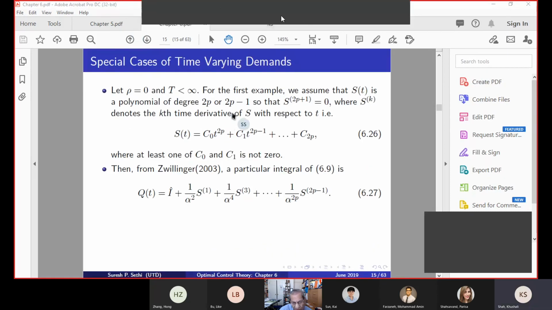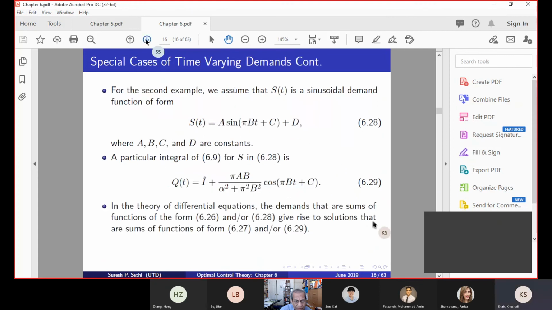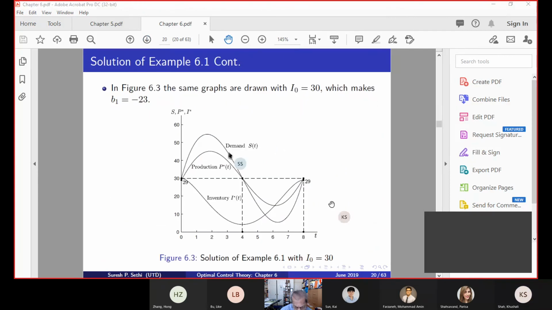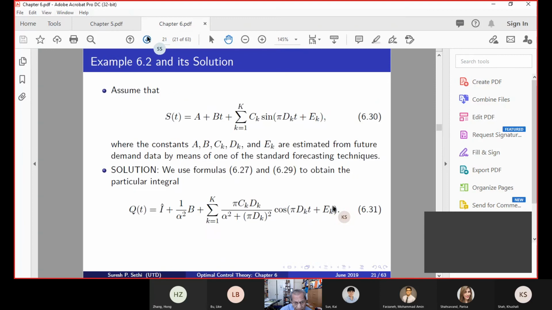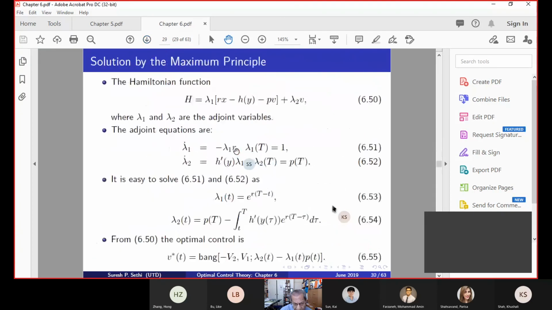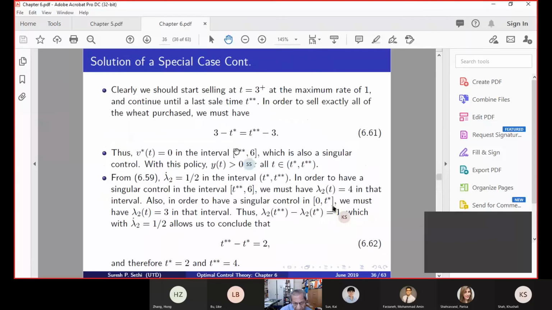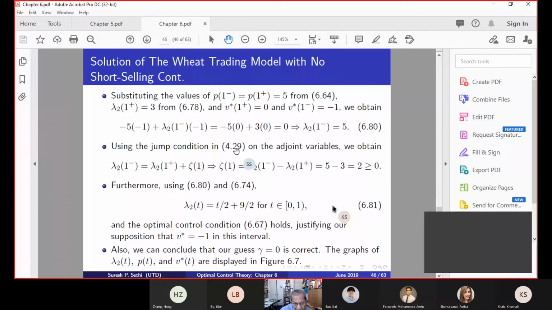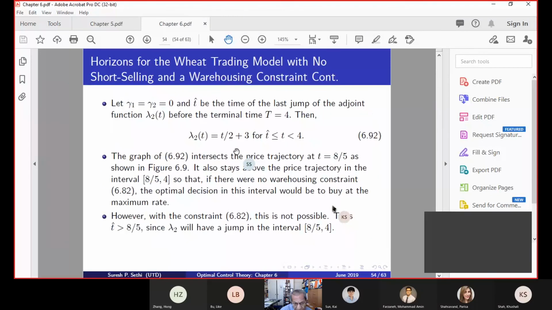Okay. So this is a straightforward optimal control problem, but then beyond that, I give you this wheat trading model, and you will see something. I just want to give you one idea.